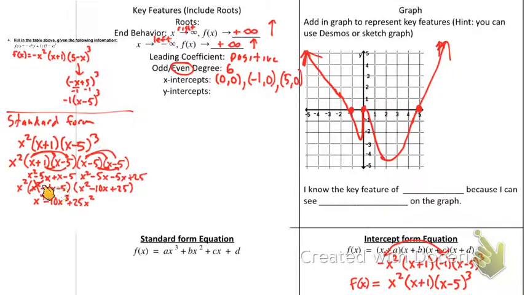Let's jump to the next guy. Negative 4x times x squared is negative 4x to the third. Negative 4x times negative 10 is positive 40x squared.